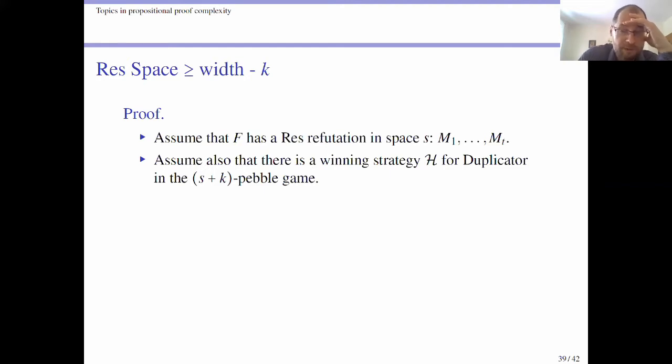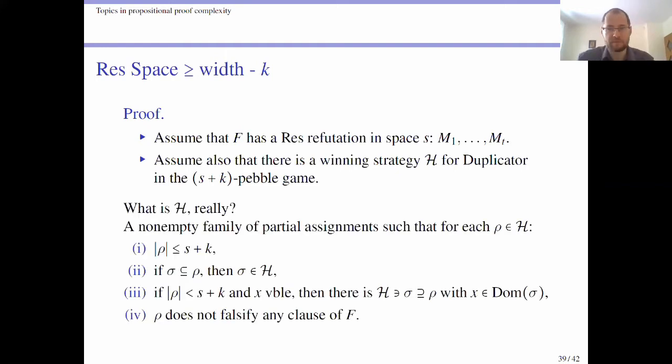Well, one way to think about it is as a way of safe positions or winning positions for duplicator. And if you think about it for a moment, then that set of winning positions in an S plus K pebble game can be seen as a family of assignments. Basically, a position in this game is an assignment.